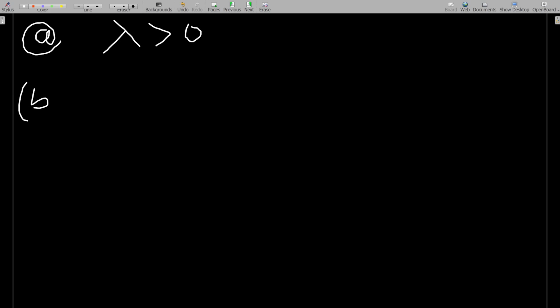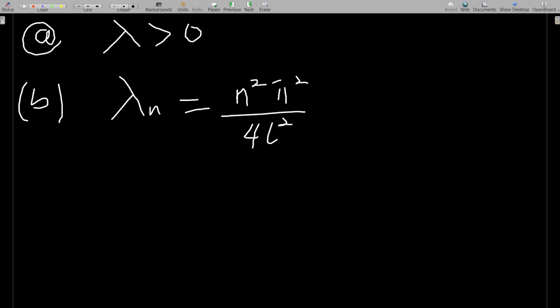Now part B is to determine the values of lambda, meaning the eigenvalues. The values are lambda n equal to n squared pi squared over 4l squared, where n is equal to 1, 3, 5, 7, and the rest. You can state that n is a positive odd integer. That is what you should remember.